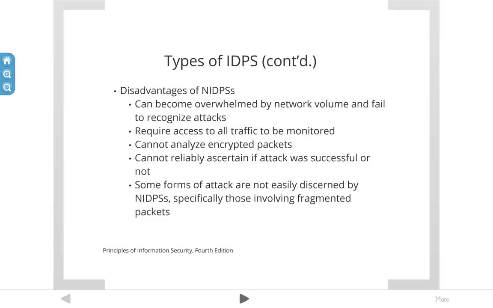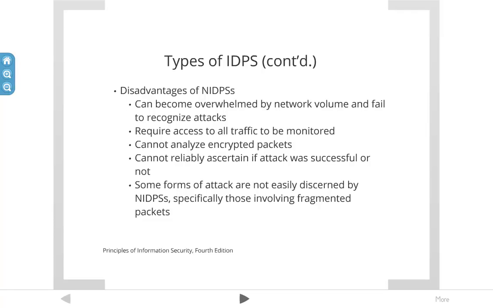Sometimes you might be able to run some performance tests, but if you have, say, thousands of hosts hitting your system, that is one of the disadvantages. Your network IDPS is just a single system, and it might fail under high volumes of network traffic. Hopefully by then it would send alerts saying something is bad and then shut down after that. So at least it does its job before it dies.